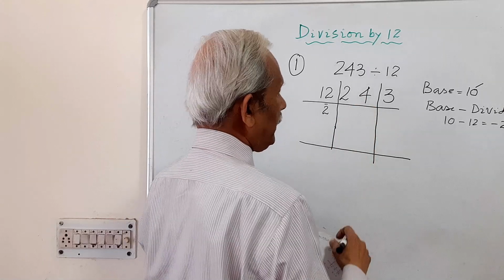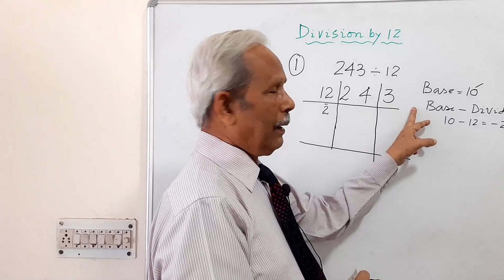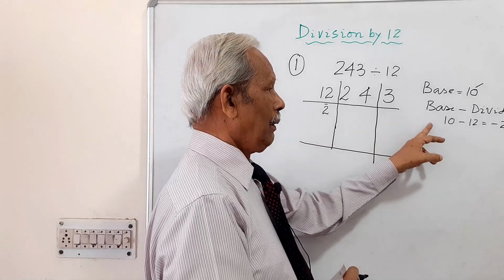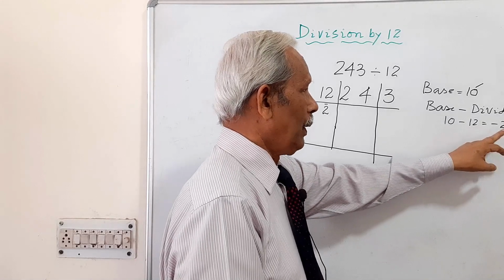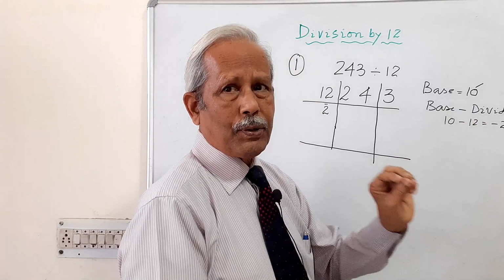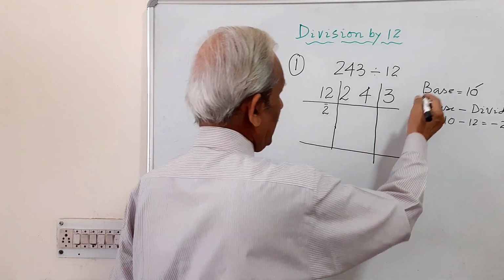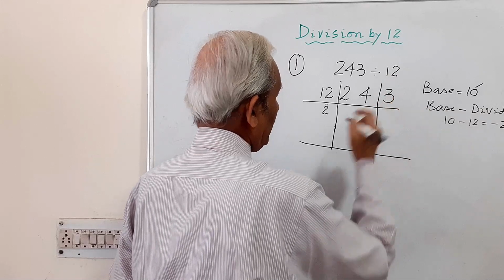So two things we have done. Number one, the base is 10, and we find the difference of the base and the divider. The base is 10 and the divider is 12, so it is minus 2, which is 2 bar. Write down 2 bar here. And since there is one 0 in the base, just put one line after one digit.